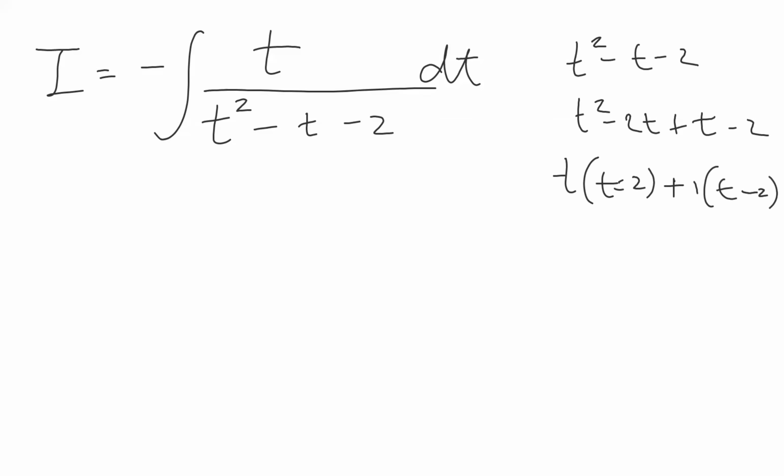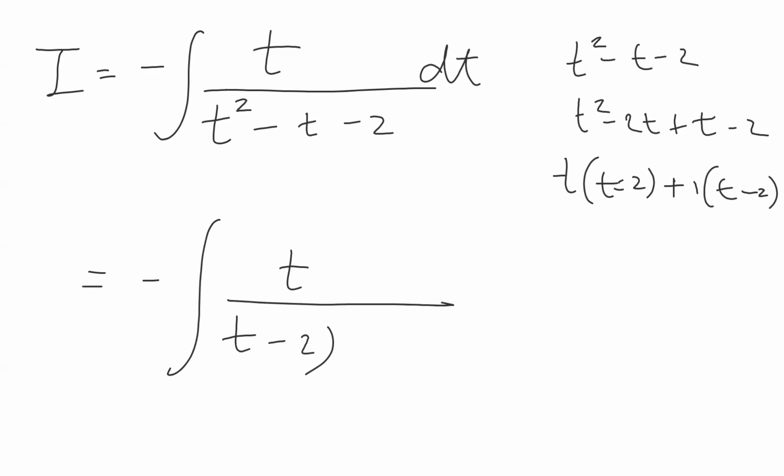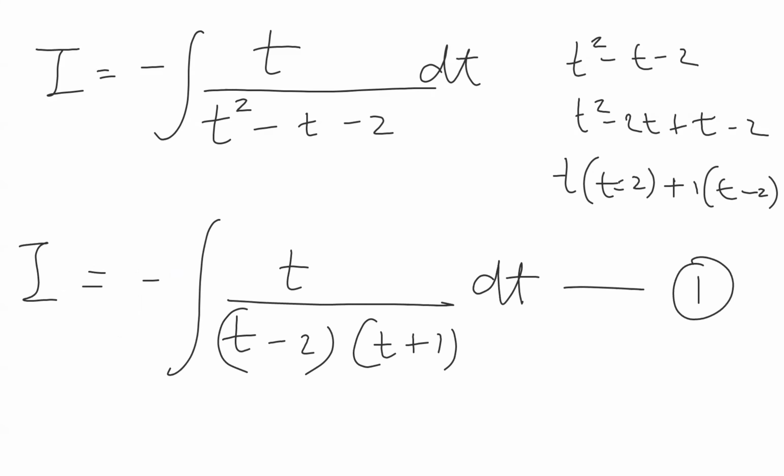So we can write I as minus sign outside, the integral of t upon t minus 2 into t plus 1 dt. Let this be equation number 1.